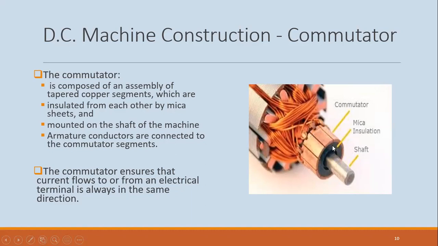Right? The commutator is mounted on the shaft, and the armature conductors are connected to the commutator segment. So you can see the segments of the commutator here, right? And in between them, where you see this line, the lines that will bear the insulation material is the mica.